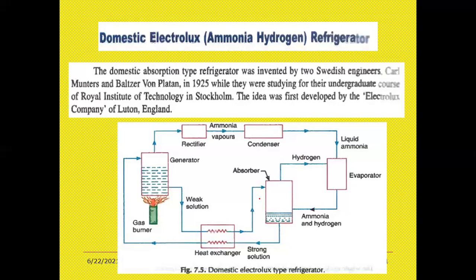Now see the figure, see the description. The domestic absorption type refrigerator was first invented by two Swedish engineers, Carl Munters and Balzer von Platen, in 1925 while they were studying for their undergraduate course at the Royal Institute of Technology in Stockholm.